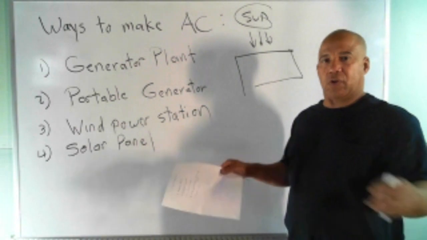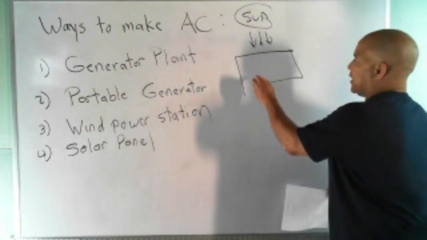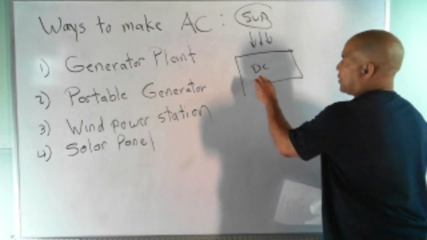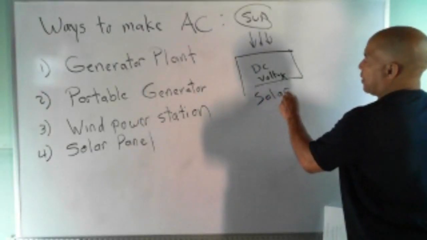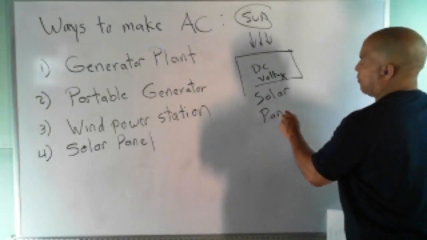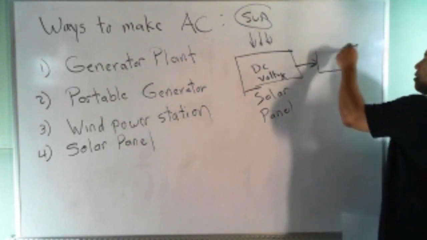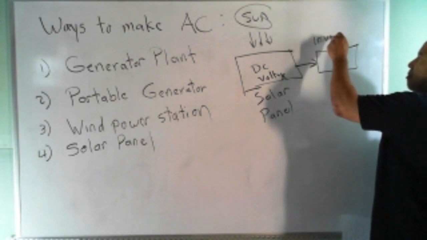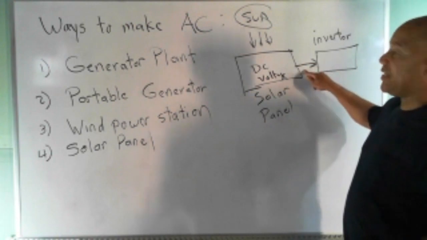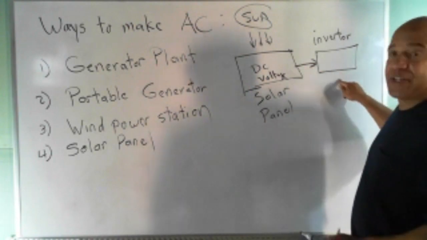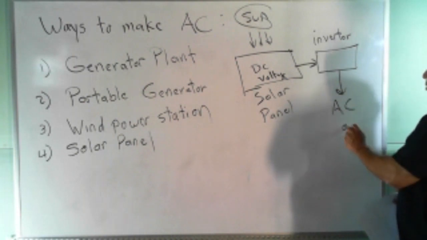And you know a separation of charge is a voltage, but the way they separate, this actually gives you DC voltage. So this is DC voltage. But what you can do with this solar cell, this is a solar cell, a solar panel, what you can do with the DC voltage, you can run that to something called an inverter. And the inverter will electronically take that DC current, change it to an AC current. So you put DC in to the inverter, and you get AC out.